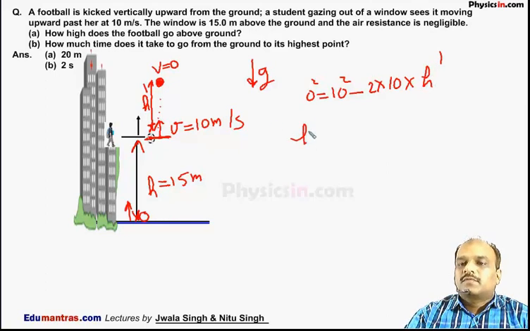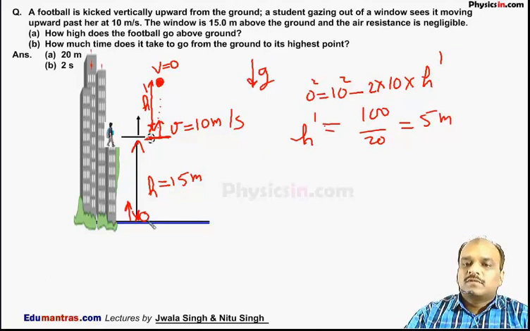From here we get h dash equal to 10 squared, that is 100, divided by 20, which is equal to 5 meters. So the total height of the ball from the ground is 20 meters. This is the first part.